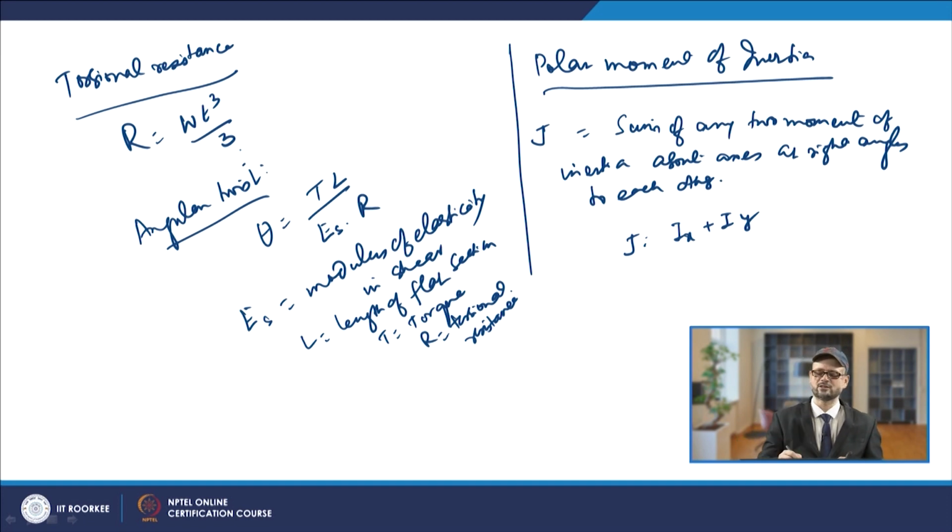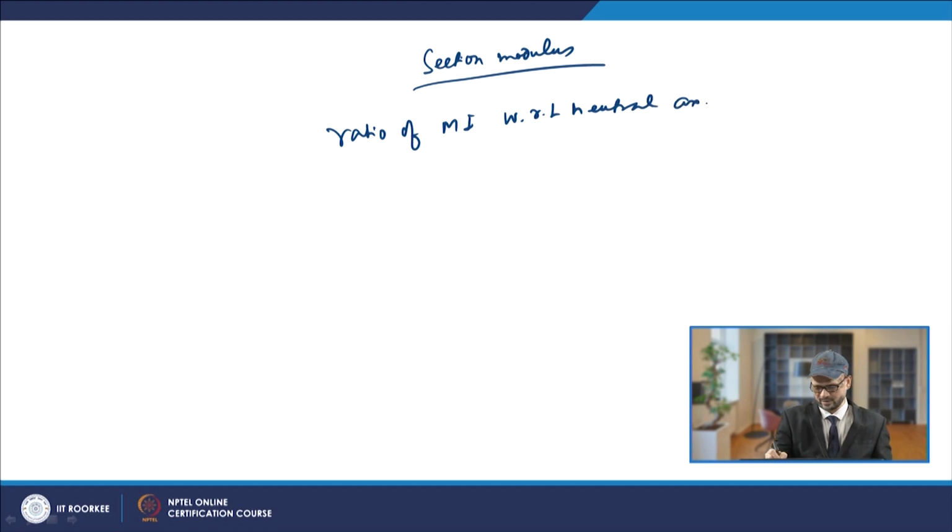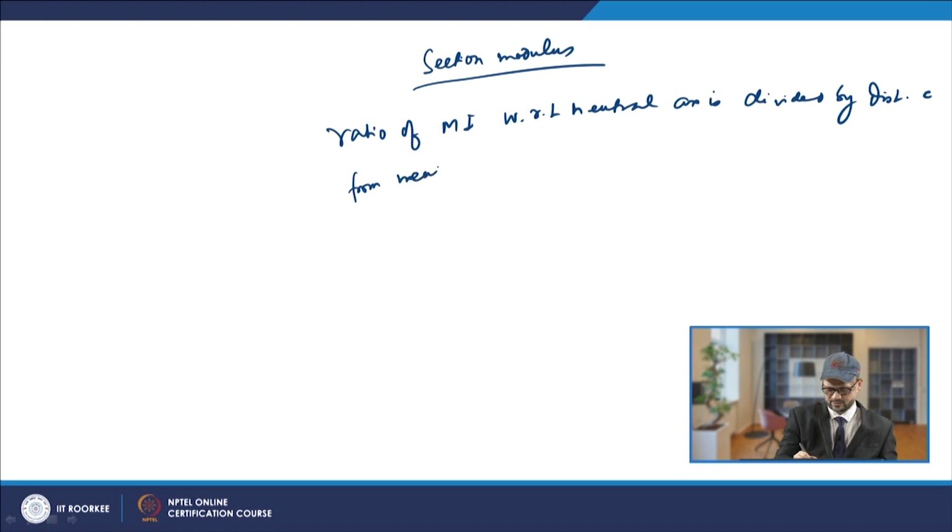Then, as we discussed, another important parameter is the section modulus. The section modulus is the ratio of the moment of inertia with respect to the neutral axis divided by the distance C from the neutral axis to the outermost fiber of the section.